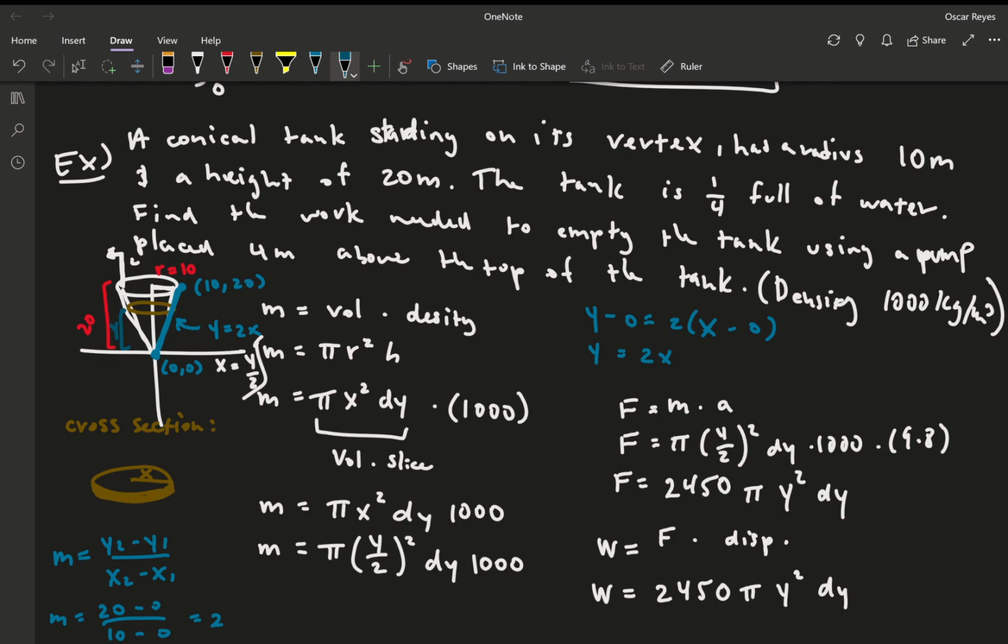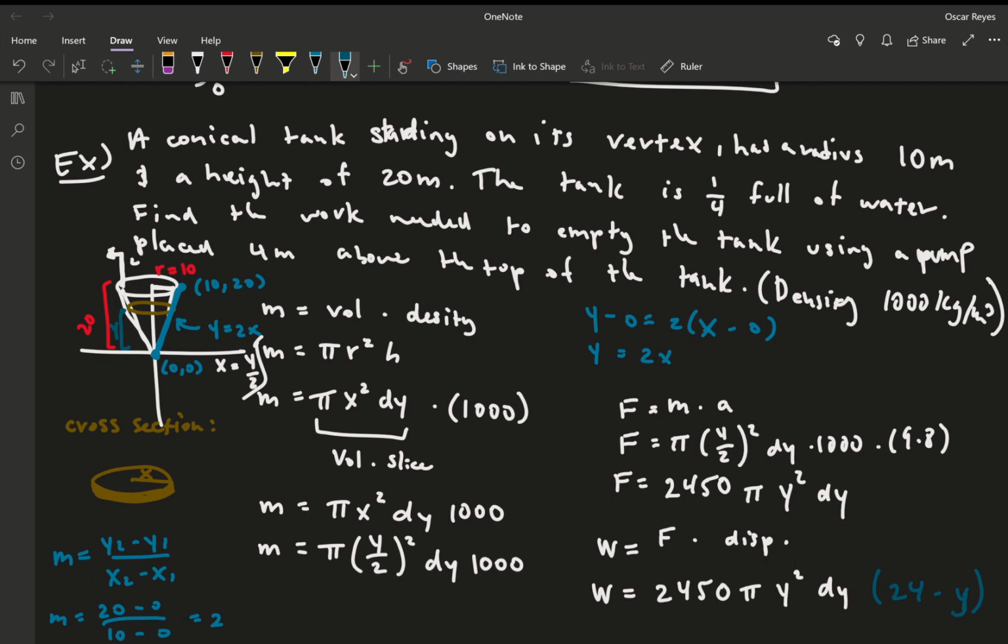So that means it needs to move up to 24. So what is that area that it needs to move further? Well, the displacement is going to be 24 minus y. That's going to be how much more that actual specific slice needs to move to get outside of the tank.